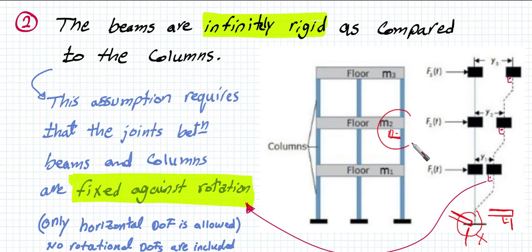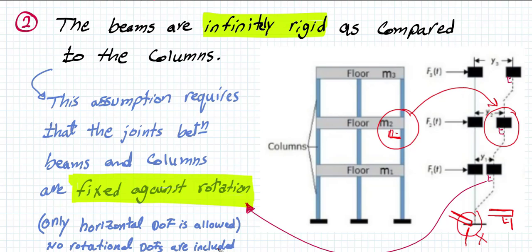So this is the case before the motion. This is the case after motion. So what is the significance of this assumption? This means that only horizontal degrees of freedom are allowed and no rotational degrees of freedom are included.